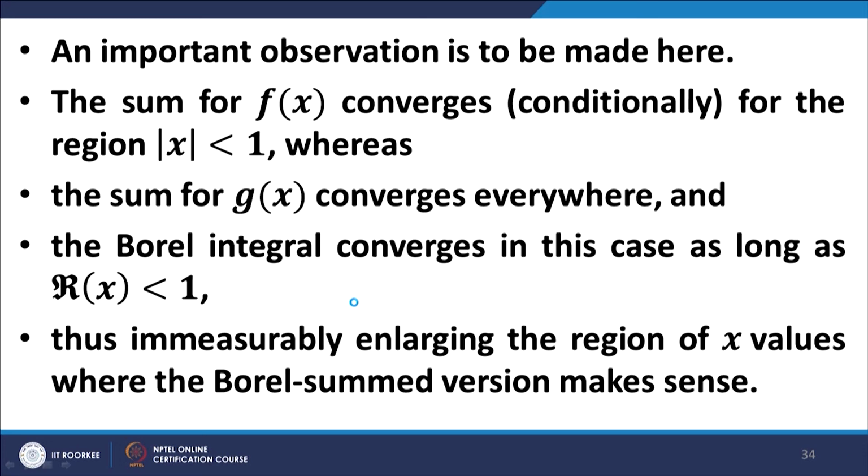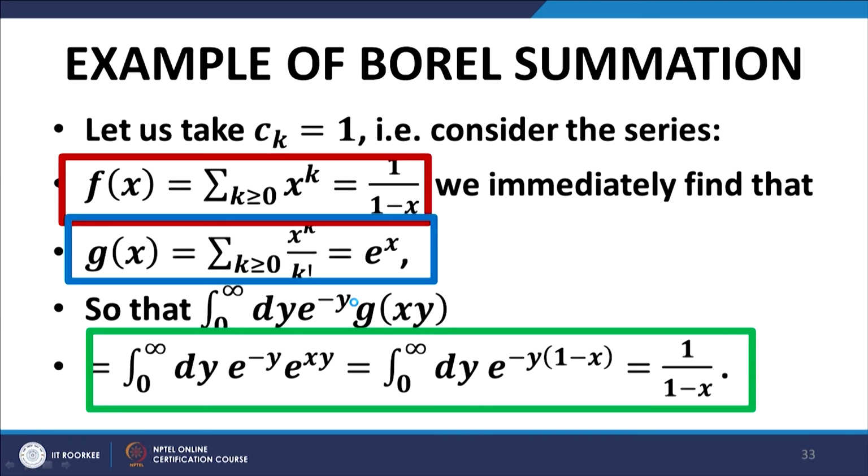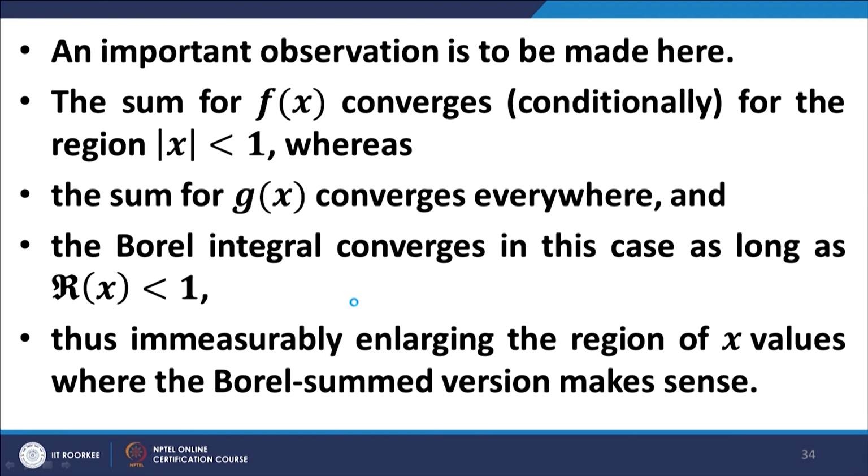And the integral that we have now obtained, the integral dy e^(-y) g(xy) equal to 1 upon 1 minus x, exists for real x less than 1. So by making use of this Borel summation, we have enlarged the region of x values over which the summation can make sense. From mod x less than 1, we have increased the domain where this integral can hold to real x less than 1.